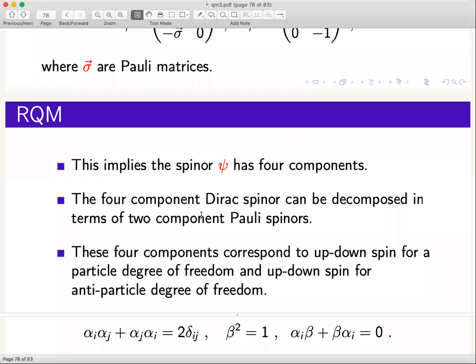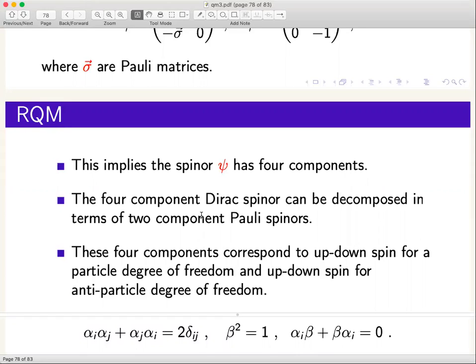Okay. So what I was saying was that out of those 4 components, we can show that 2 components describe the particle degree of freedom, of which one component is the upspin component and the other is the downspin component, and the other 2 components of the 4 component spinor are the antiparticle degrees of freedom, again with spin pointing up and spin pointing down.